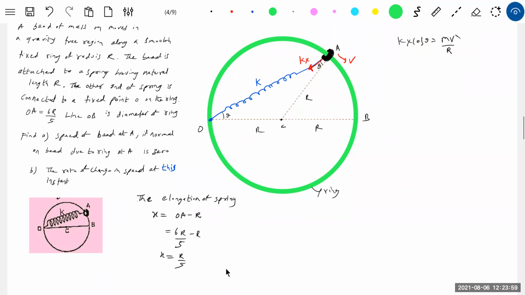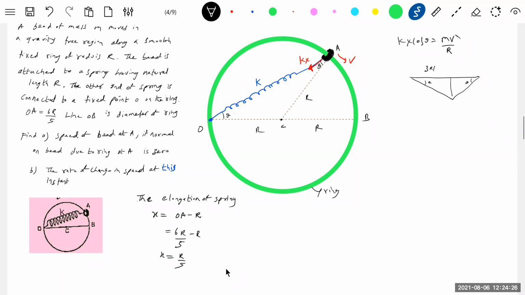How to bring cos theta? I think the circle, you know it. What is the length OA? OA is 6r by 5. So if you look at the circle, this will be 6r by 5.